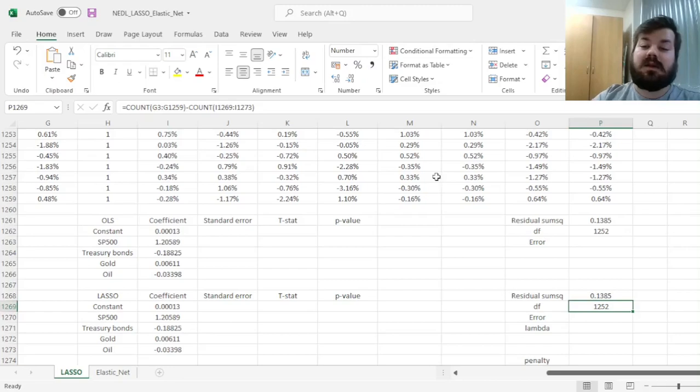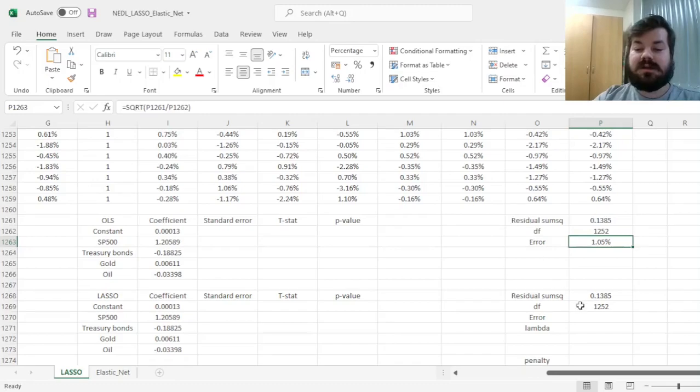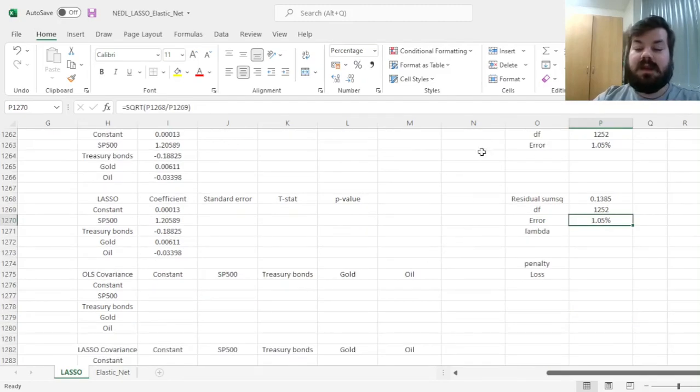Now we can calculate model errors. Those would be simply the square roots of the sum of squares divided by the degrees of freedom. So the errors so far are exactly the same for both models, given the fact that the coefficients are the same.